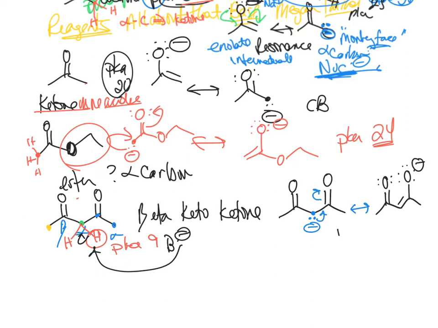You could go the other way. So how many resonance structures is that? 3 resonance structures. 3 resonance structures is why the pKa is lower, a 9. So that's a beta keto ketone.